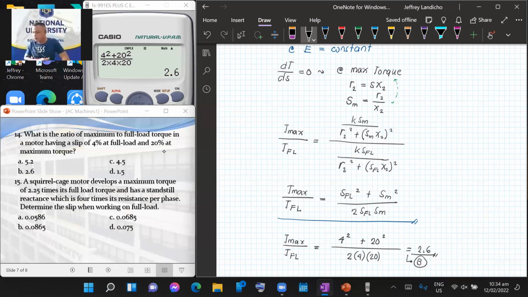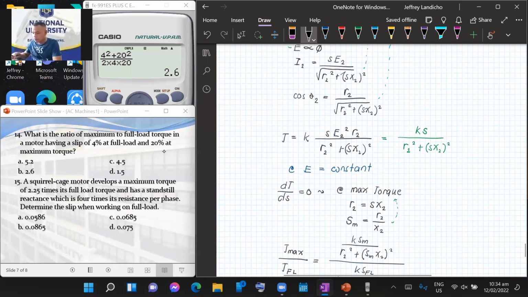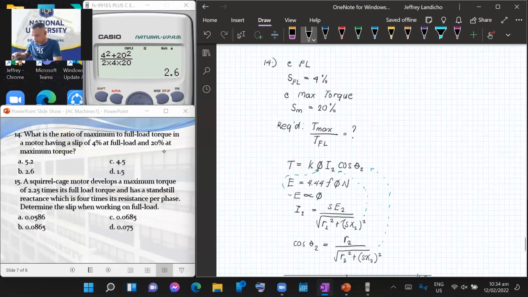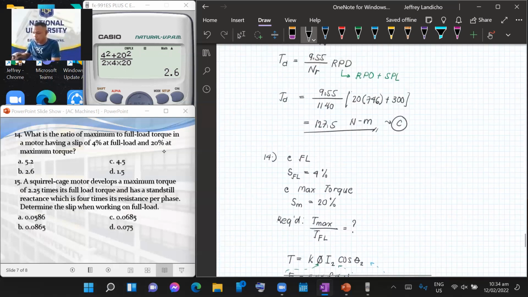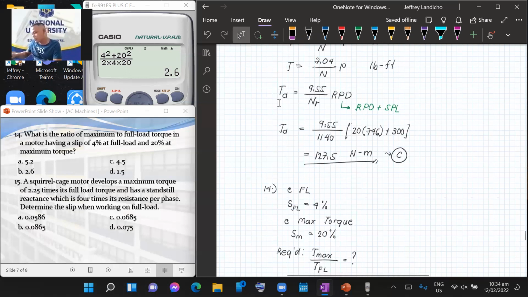So, pwede rin naman. So, doon sa torque developed, kung ayaw mo dito daanin, pwede mo rin idaan dito yung ating power developed kasi si N. So makikita mo, 9.55, ano si NR? And X quantity 1 minus S. Ano si RTD?